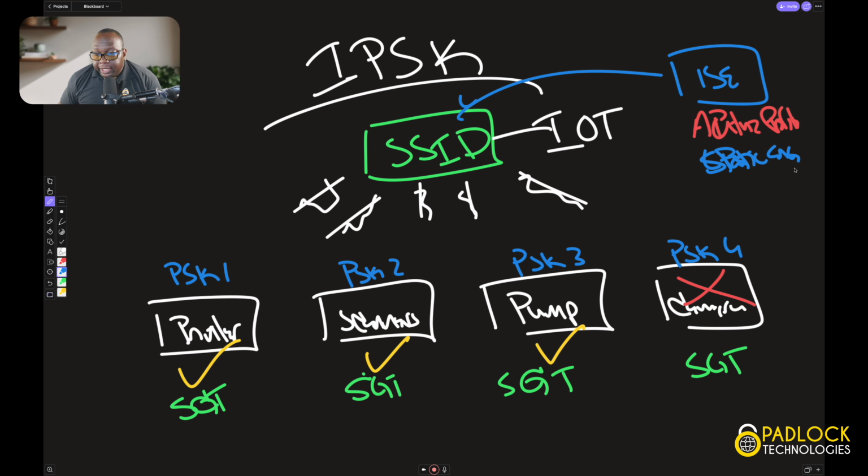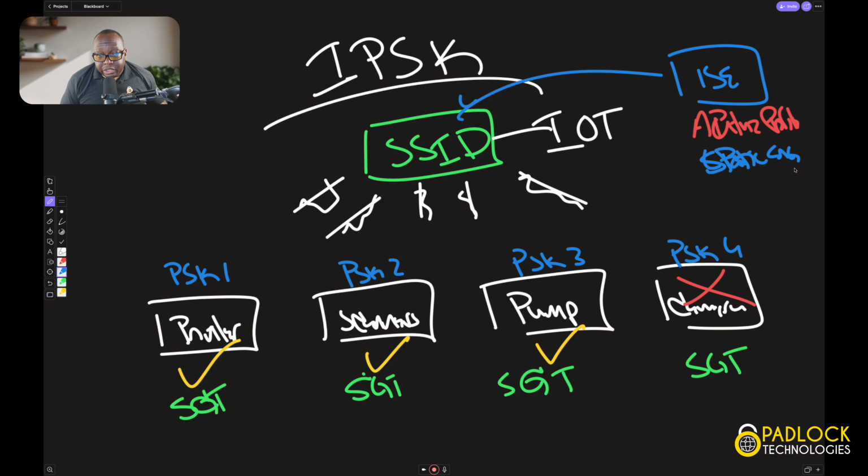So hopefully that answers your question of should you use multiple SSIDs? No. Should you use multiple SSIDs with multiple PSKs? No. If you have ISE, just use Identity PSK. It makes your life totally easier. You can have one SSID with different PSKs based on the device types, and manage it from there. From a security standpoint, if one of them gets compromised, the other devices don't get compromised because they're using a different PSK value.